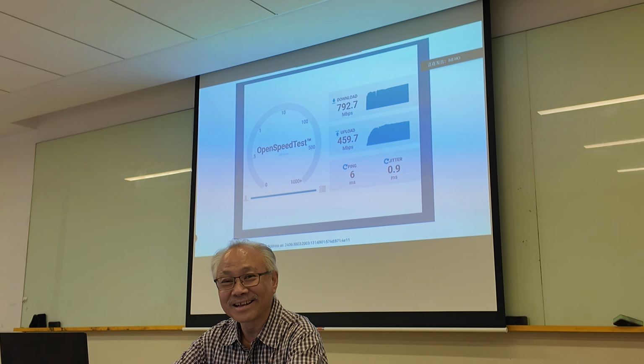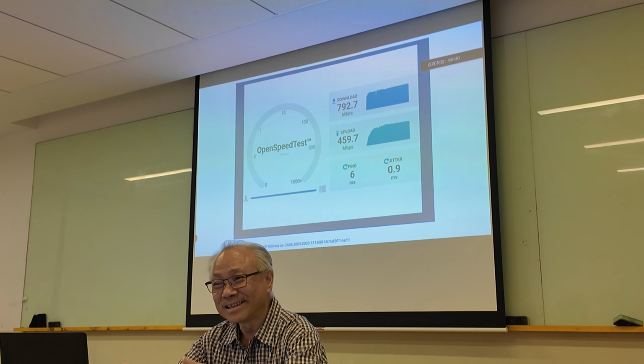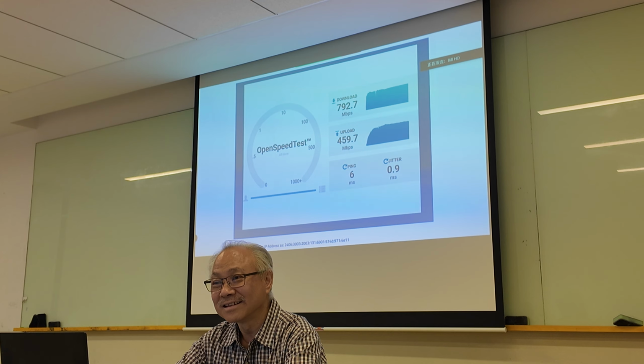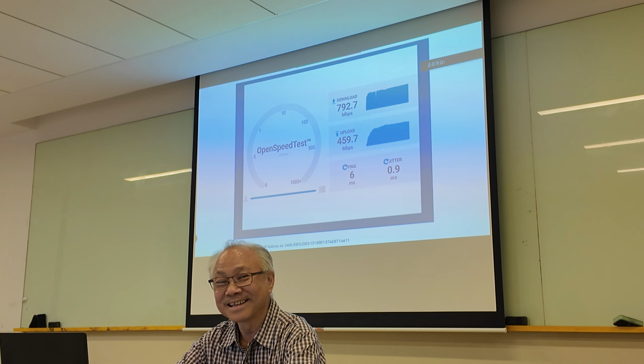Why do you need 10 gigabit? You've got money, you pay for it. Are you using Wi-Fi 6 or 7? This one is Wi-Fi 6. I'm getting the 7, but no use, my internet is half a gig only.